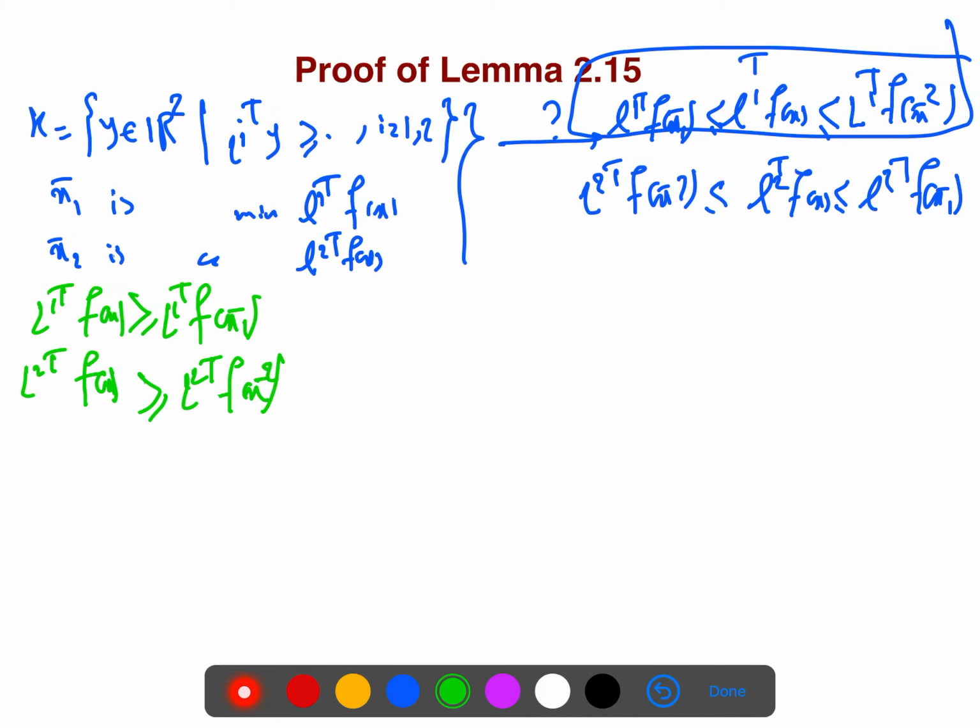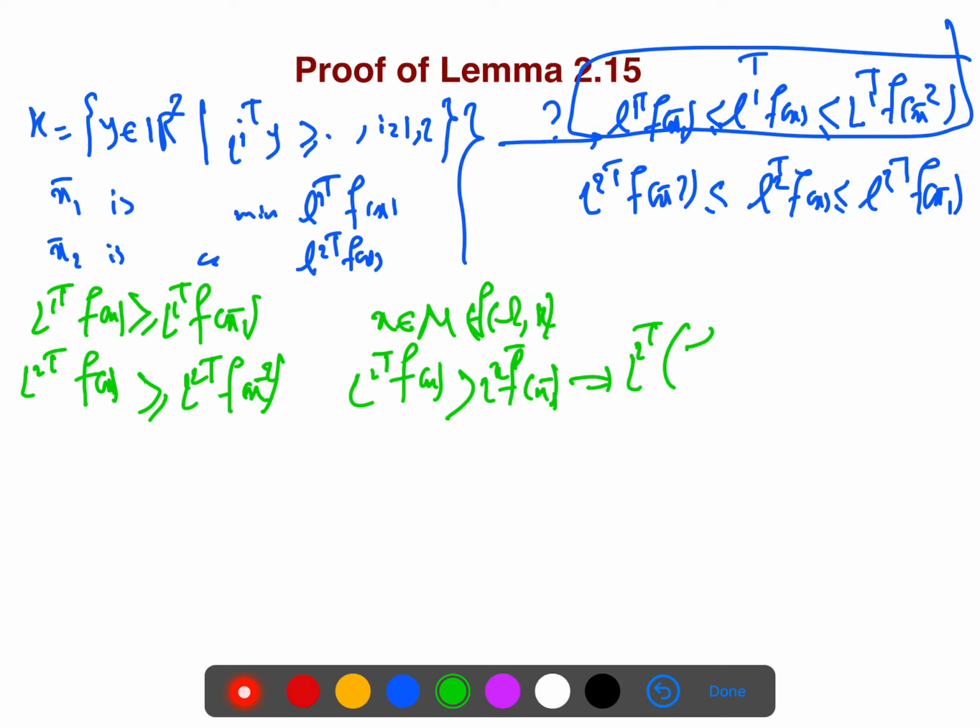We say that suppose there is a point x inside M of f of omega and K such that L2 transpose f of x is greater than L2 transpose f of x1 bar, and L2 transpose of f of x minus f of x1 bar is greater than 0.